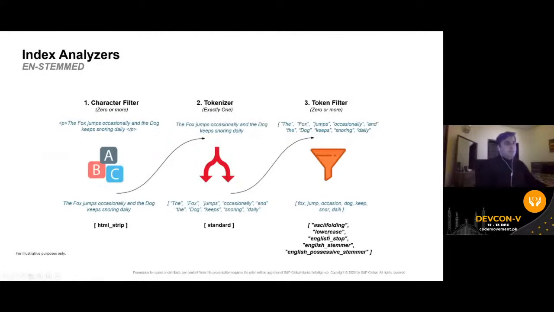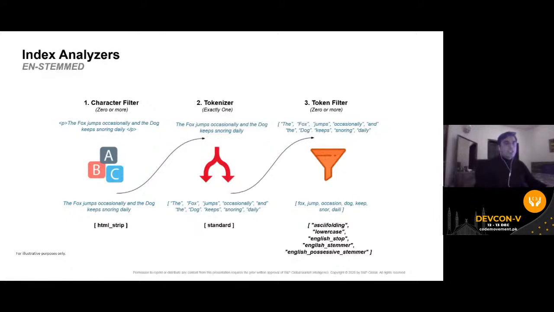Coming to the stemming analyzer, in addition to ASCII folding, lowercase, and English stop word, if you look at the list of the token filters, we have defined two additional token filters: English stemmer and English possessive stemmer. What the stemmer does, as the name suggests, is stem the words.